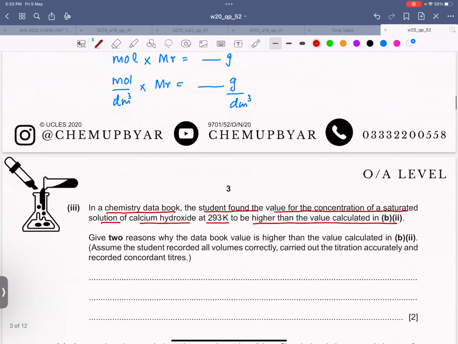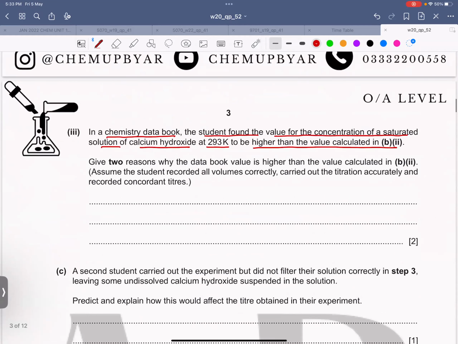Okay. Now, what they are asking: give 2 reasons why the data booklet value is higher than the value calculated in B2. Assume the student recorded all volumes correctly, so there is no error in measuring the volume. Carried out titration accurately, so there is no error in the method or in the performance.